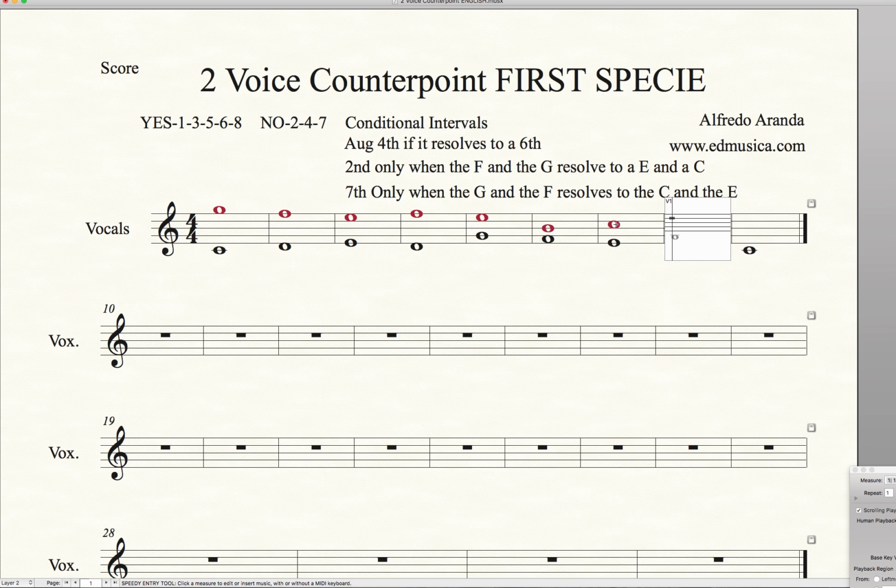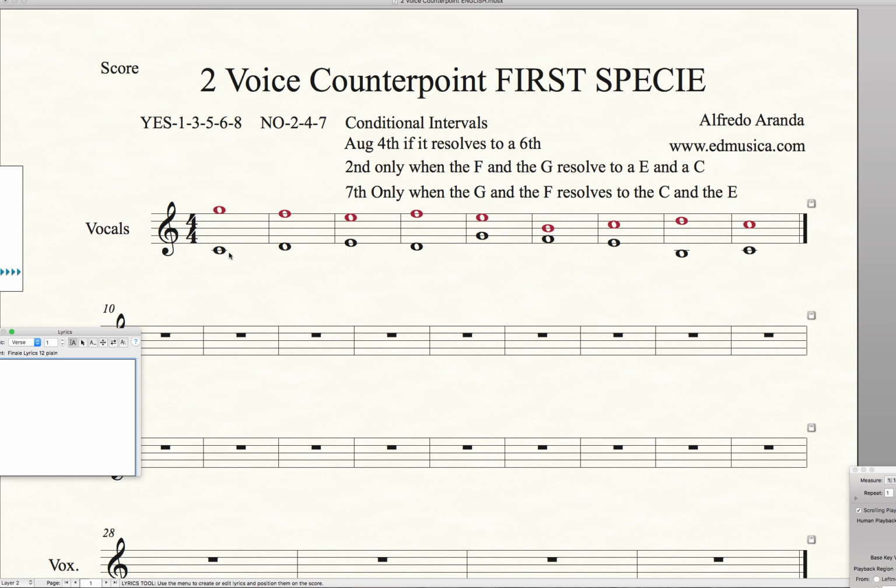Okay, and to finish the exercise, we're gonna have from a B to a D, that makes a third, and then we need to finish with an octave. So I'm gonna write the intervals right here, and this is a fifth, and this is an octave, and this is, oops, it was not an octave.